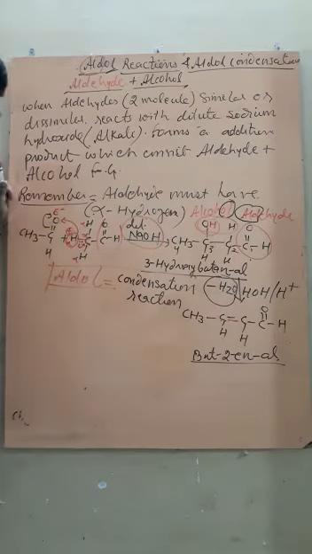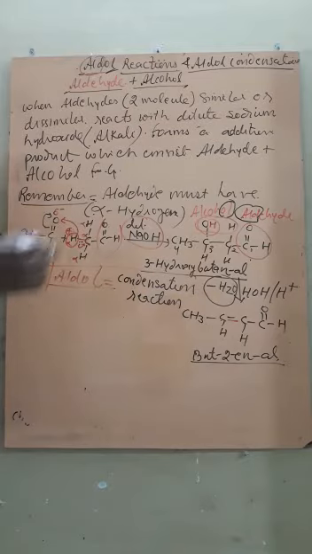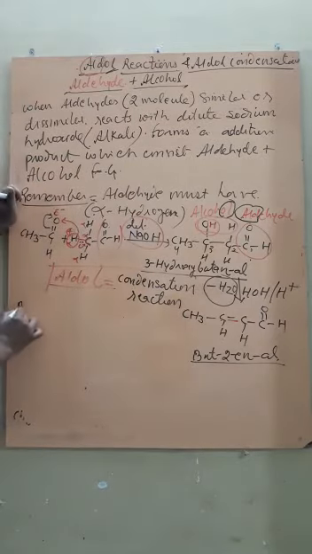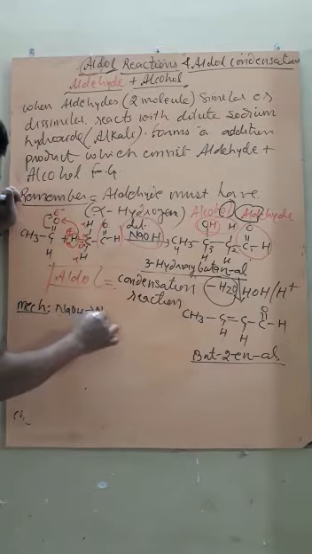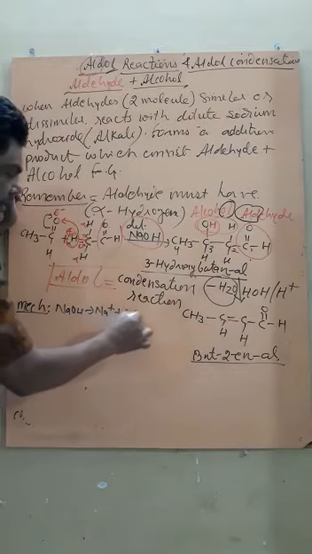Are you getting? Now, what should be the probable mechanism? So student, if we check its mechanism in short, NaOH will form Na cation plus OH anion.